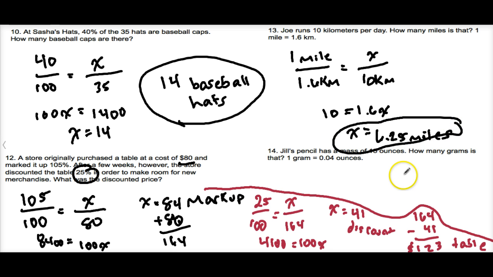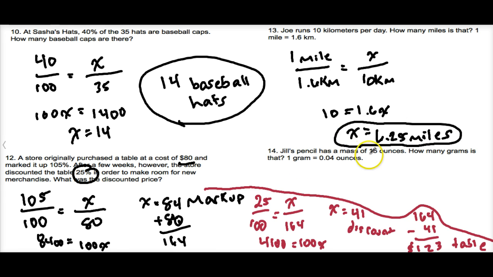Sorry about that. Alright, Jill's pencil has a mass of, let me undo that because I can't read my writing now. There we go. Jill's pencil has a mass of 15 ounces, which is insane. That's way too heavy. I made up the problem. It was a very bad problem. But anyway, the pencil, maybe it's a giant pencil, is 15 ounces. How many grams is that?